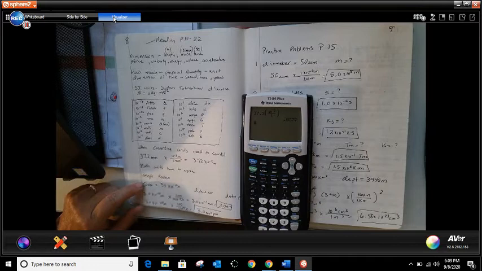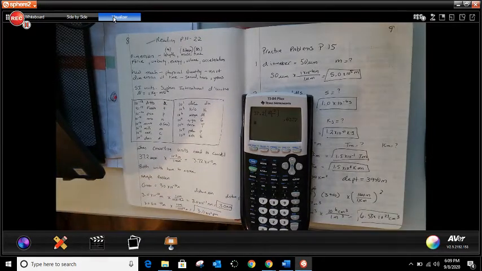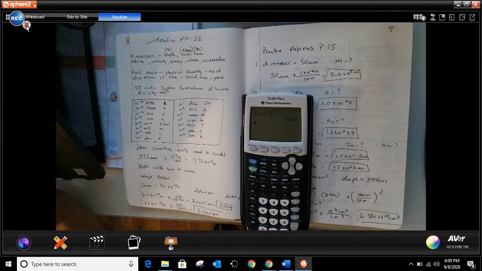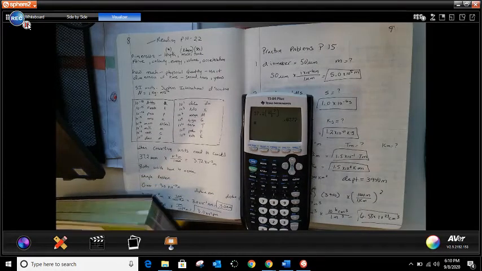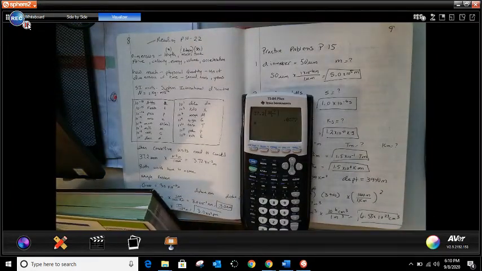So the first thing that we have here is a sample problem. So in our textbook, the sample question, which is this one right here, says that a scanning tunneling microscope, STM, has a magnification ability of 100 million and can distinguish between two objects that are separated by 3.0 times 10 to the negative 10 meters, or about 1/100th of the diameter of an atom.